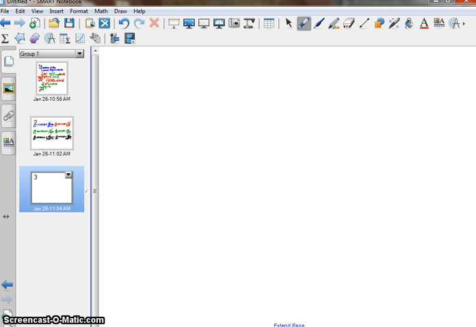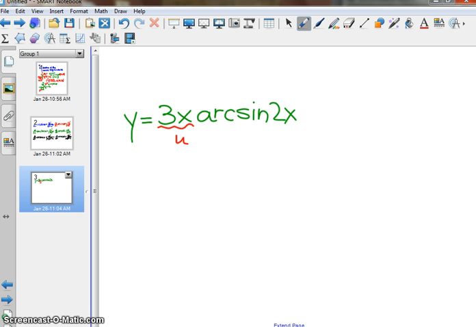So let's do a couple example problems. If y equals 3x times arc sine of 2x, you're going to have to use the product rule. 3x is your u, arc sine of 2x is your v. So we're going to do the first times the derivative of the second.